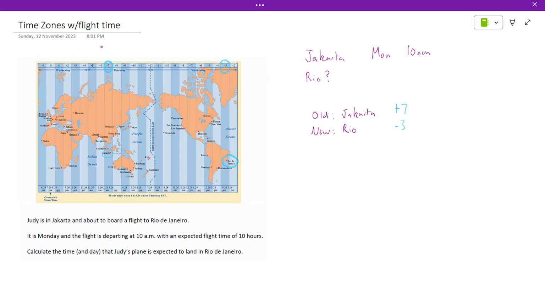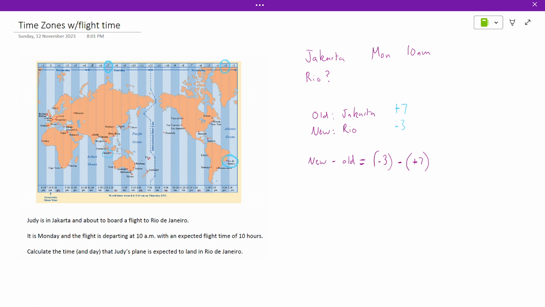So I like to do the new destination minus the old destination. And I like to put these in brackets as well. So the new destination is Rio. Rio is -3 minus the old destination, which is +7. I like to always put them in brackets like that.